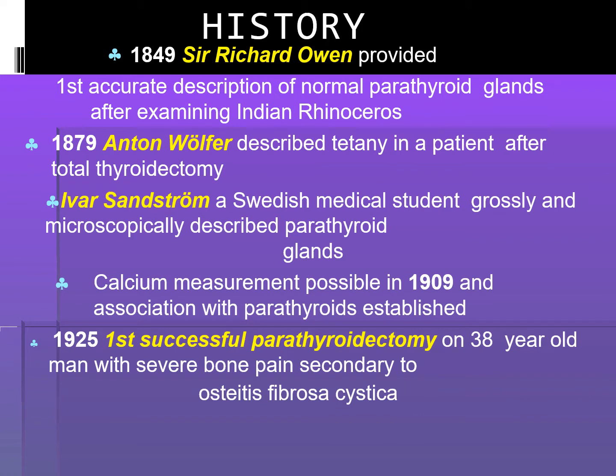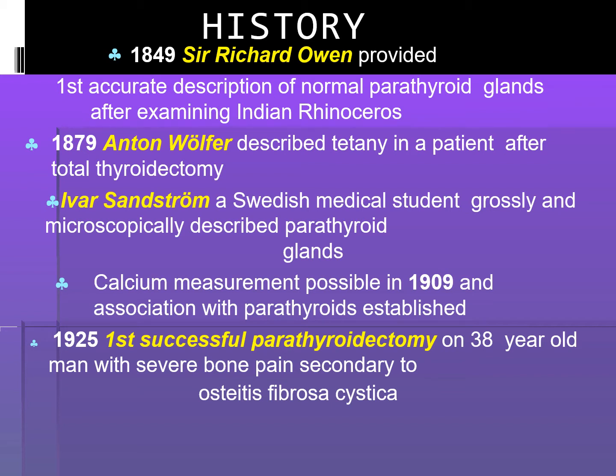In 1849, Sir Richard Owen provided the first accurate description of normal parathyroid glands after examining an Indian rhinoceros. In 1879, Anton Wolfler described tetany in a patient after total thyroidectomy. Ivar Sandstrom, a Swedish medical student, grossly and microscopically described parathyroid glands.